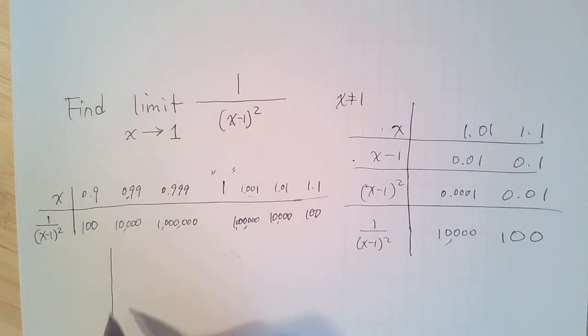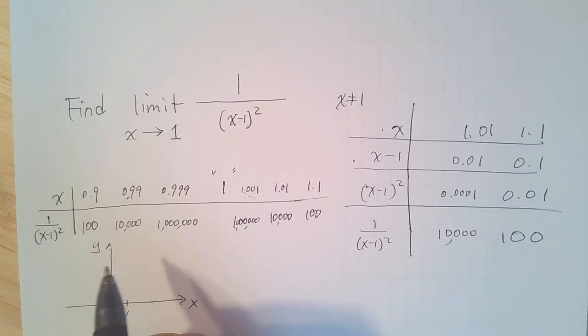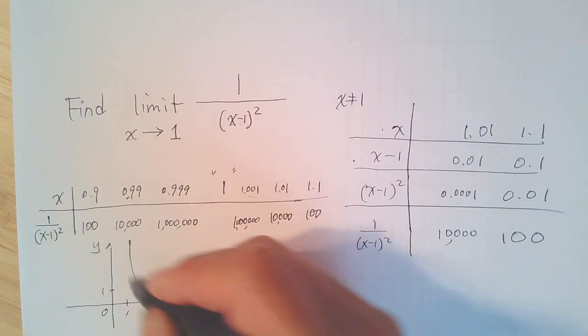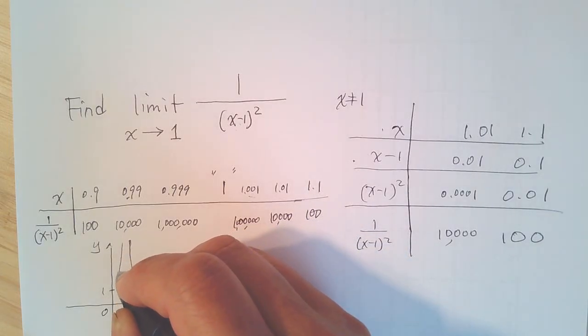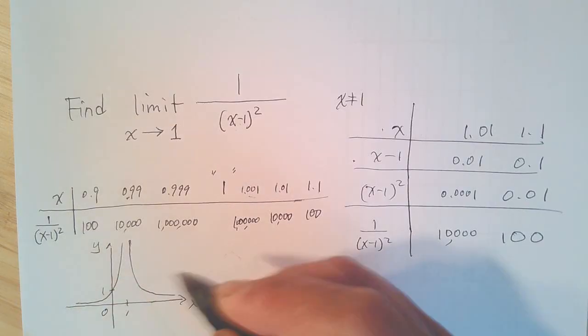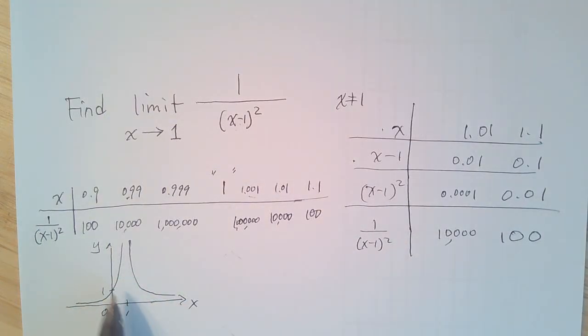So when you graph that, it goes like this. That's x, and that's y. Guess what? You have something that looks like this. So that's the graph of your function.